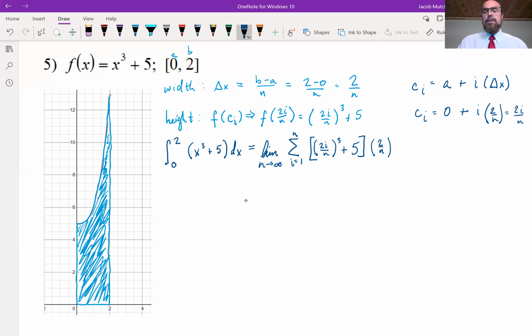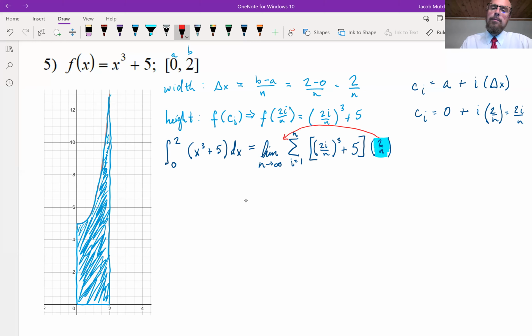So what our task is now is to really simplify the limit of the summation. So the first thing that we want to do is pass delta x outside of the summation, but keeping it inside the limit. So delta x, just to identify that factor here, is again 2 over n. So what we're going to do is let it pass outside the summation, but it needs to stay within the limit.